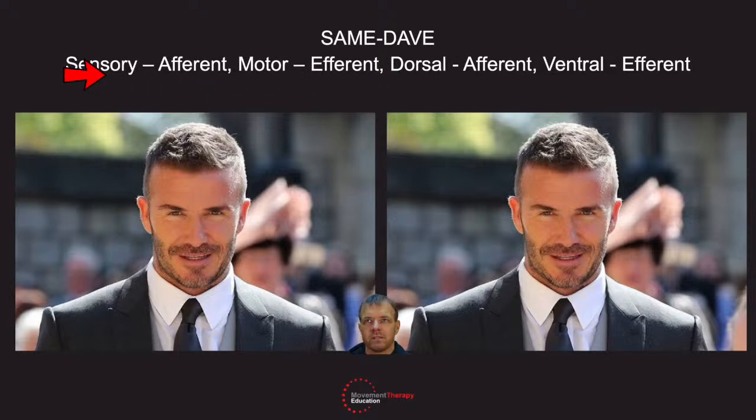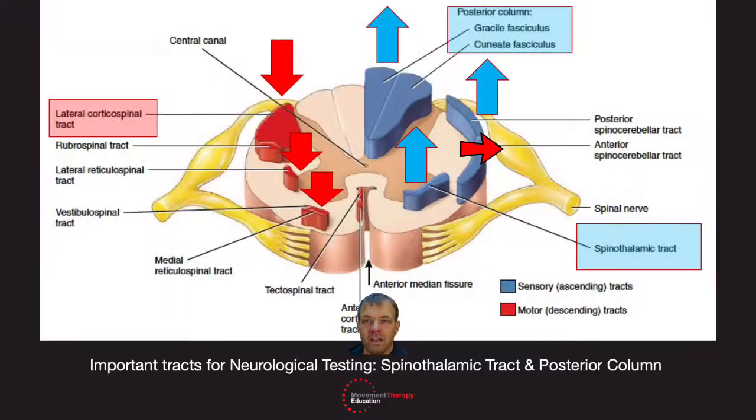Okay, so sensory afferent, motor efferent, that's your same, and then dorsal afferent, ventral efferent, that's your Dave. Okay, so if you're in an exam and they're talking about that information, or you're reading a report or something like that, then if you remember two David Beckhams, then you won't forget it. Okay, right.